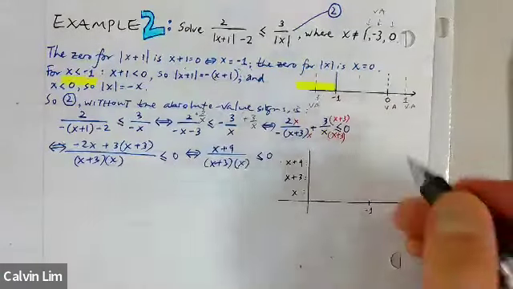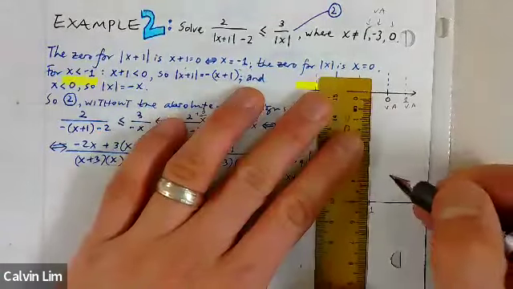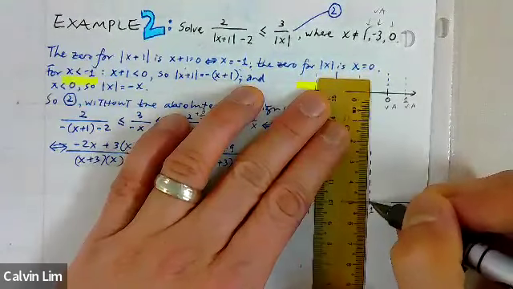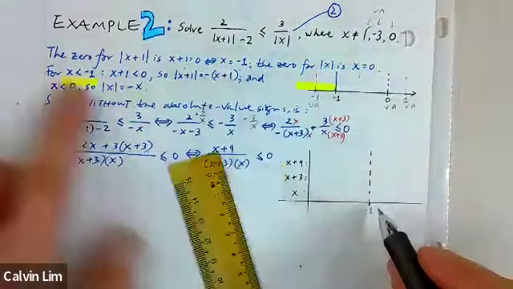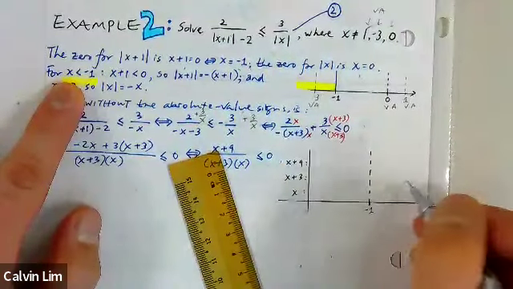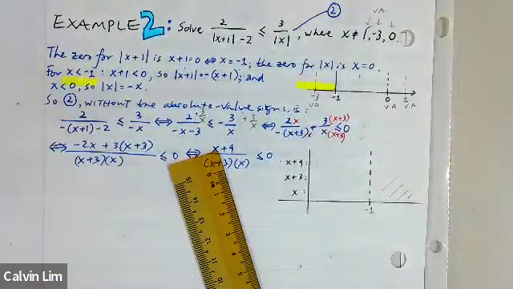That is not inclusive of -1, so I'm going to put a dashed line. x is less than -1, so I can ignore all of this region.